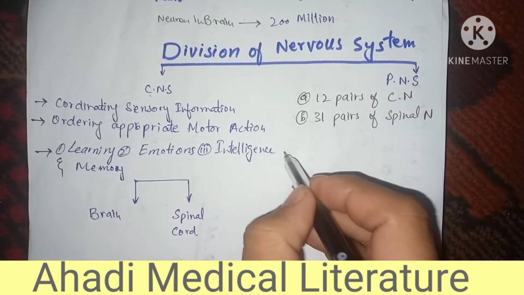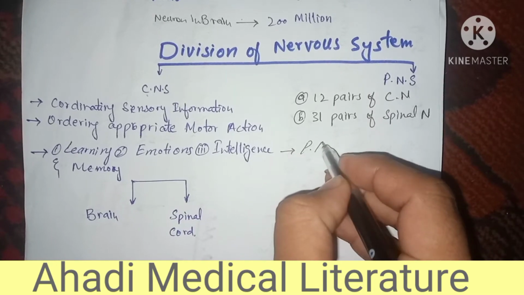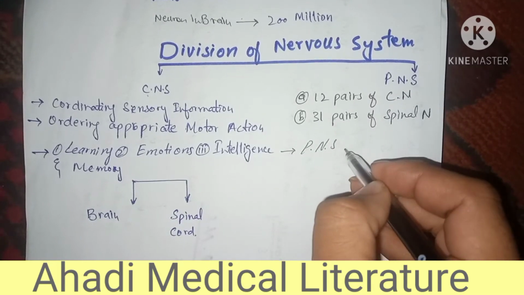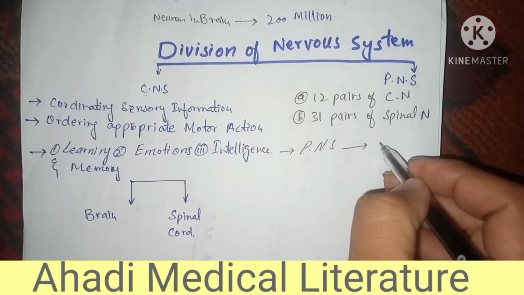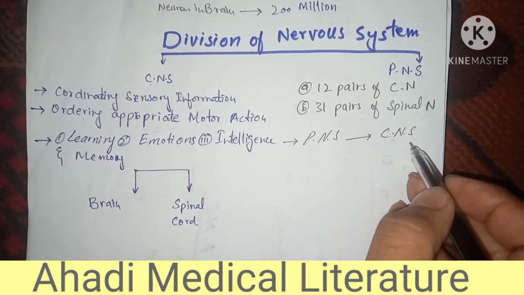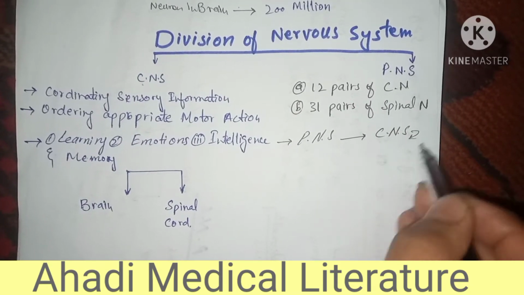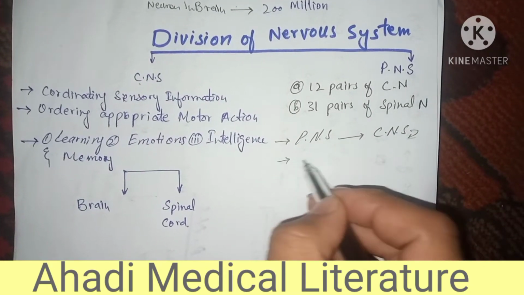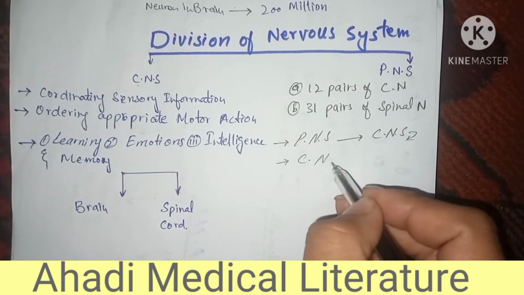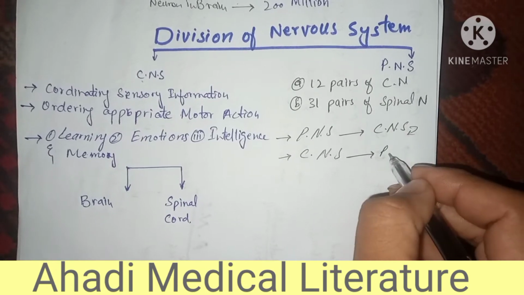These nerves receive information from the peripheral and send it to the CNS, central nervous system, and back from the central nervous system to the peripheral.